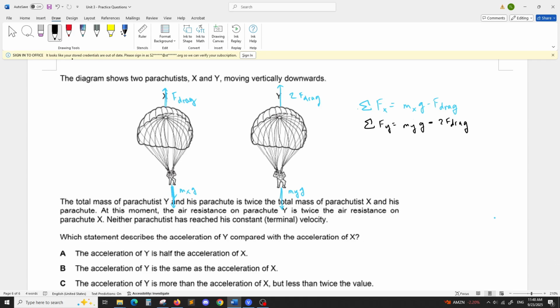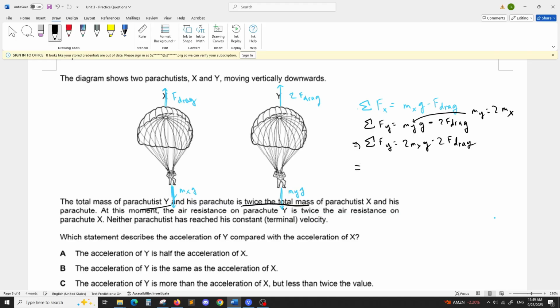Then we can substitute my, because my is equal to 2 times mx, based on the first sentence of this paragraph: the total mass of Y is twice the total mass of X. And we can calculate the acceleration based off of this.